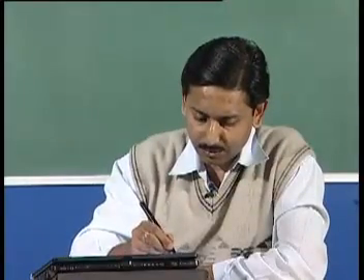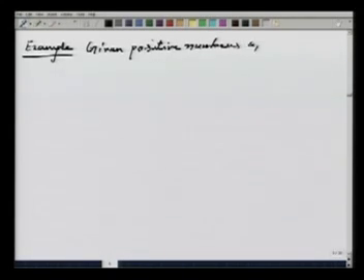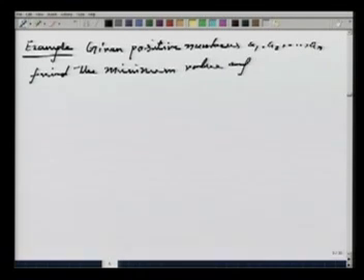Now let us look at another example. Given positive numbers a1, a2, let us say up to an, find the minimum value of a1x1 plus a2x2 plus up to anxn, such that x1 square plus x2 square plus up to xn square equals 1.